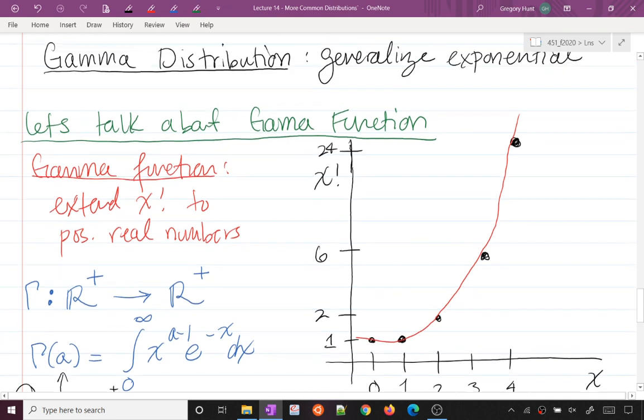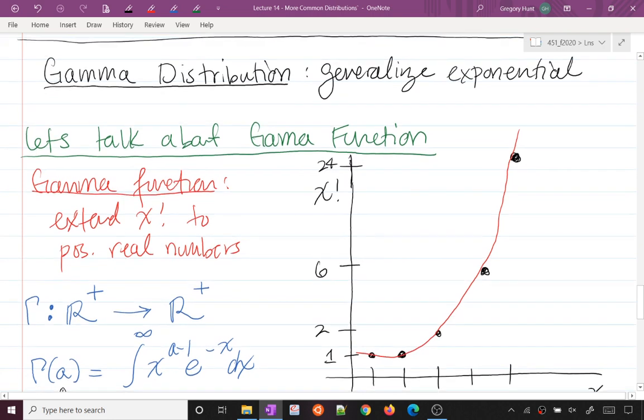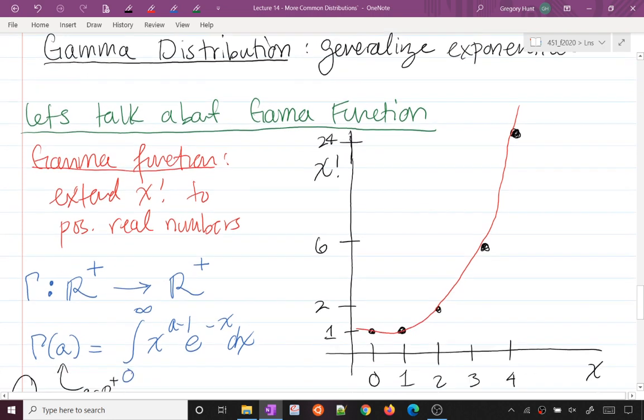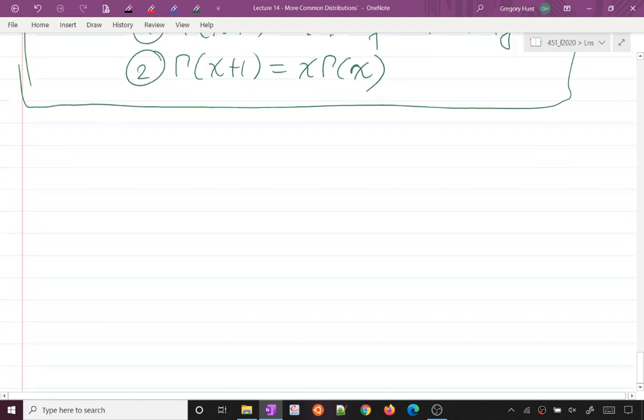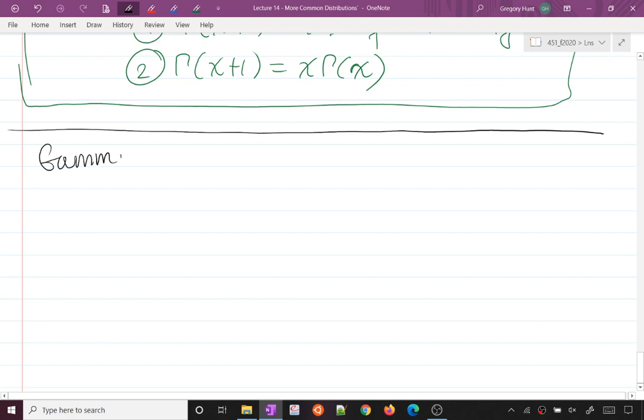Okay, so this is kind of a sidebar, but it's going to be really useful, and it's going to explain why the gamma distribution is called the gamma distribution. So let's talk about the gamma distribution now. And I claim that it generalizes the exponential.